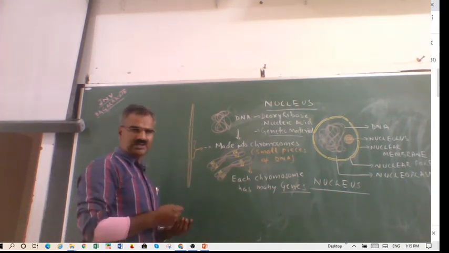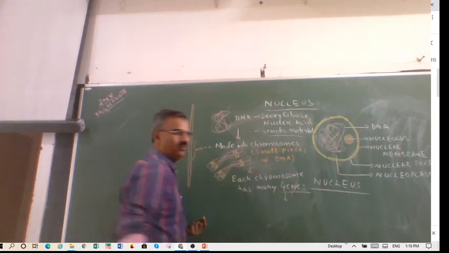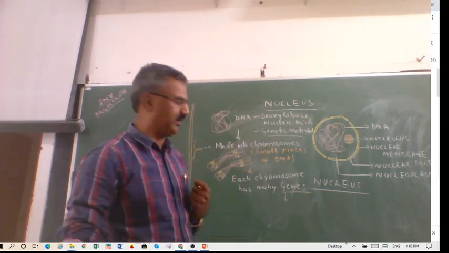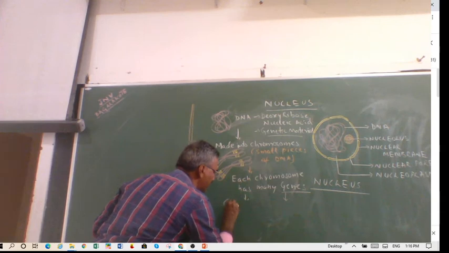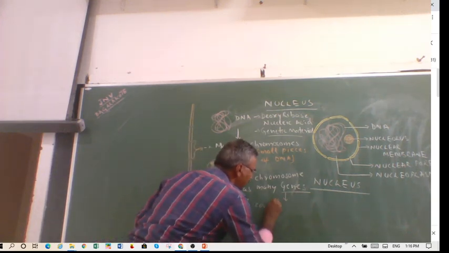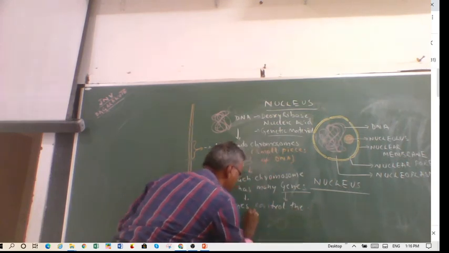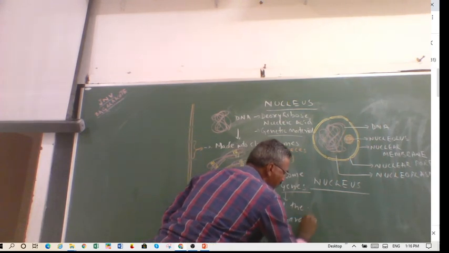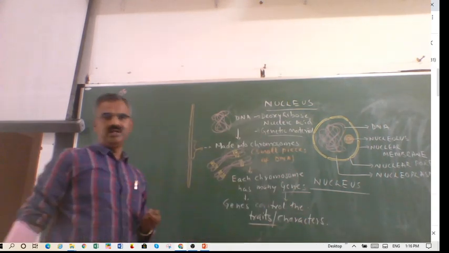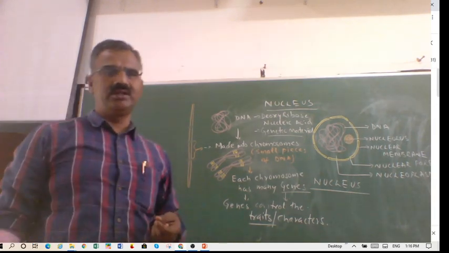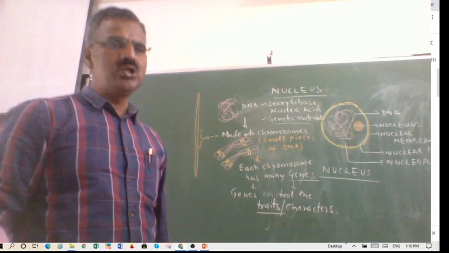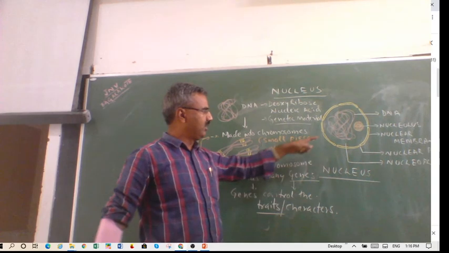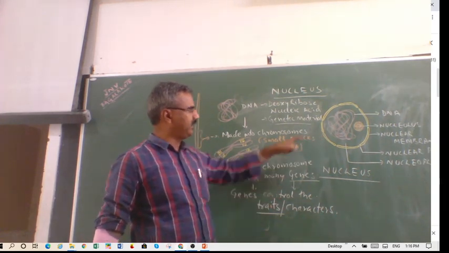And what is the role of these genes? These genes are responsible for whatever characters or traits we have. So genes control the traits. The nucleus is responsible for whatever characters are there, which are controlled by the genes present in the nucleus.